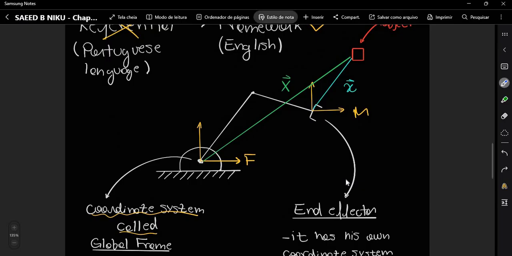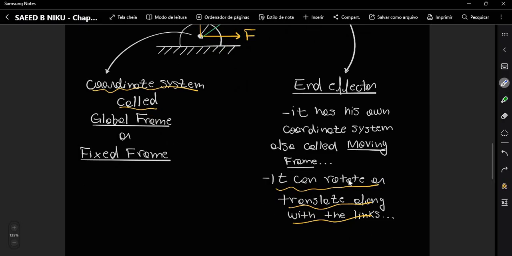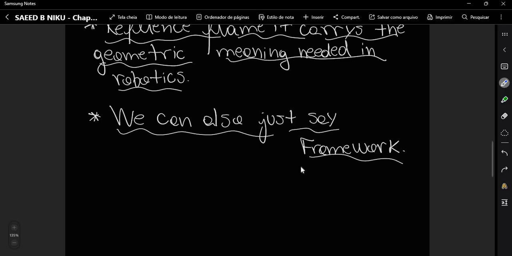And in the robot, these links we call frames. Okay, so keep that in mind. Reference system is different from framework.